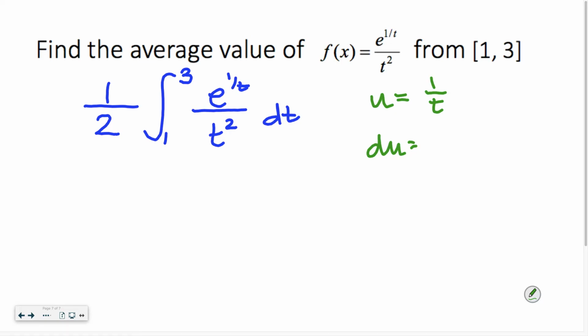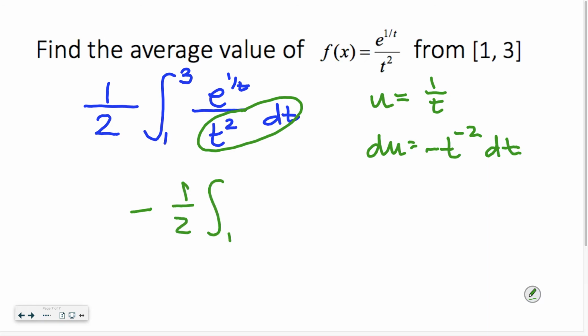If u is 1 over t, du is negative t to the negative second dt. But it's still a negative, so you have to make it a negative 1/2. Yes, you're right. We have to account for that negative 1/2 integral from 1 to 3 of e to the u du.